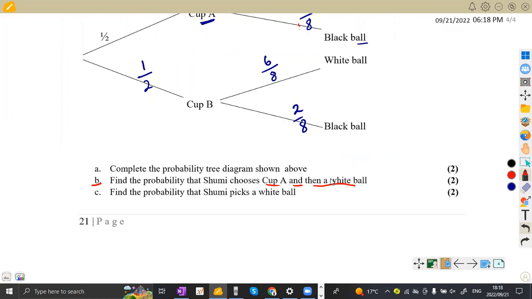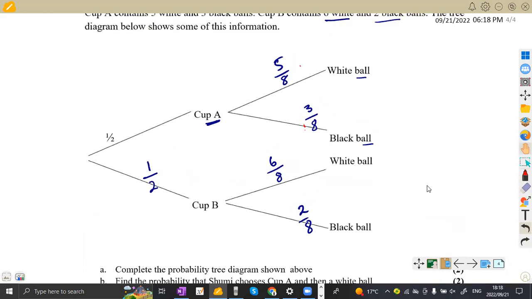So first we pick a cup, then we pick a white ball. Which means here we pick cup A, then the white ball. So we are going to multiply. It's going to be the probability of picking cup A times the probability of picking a white ball.